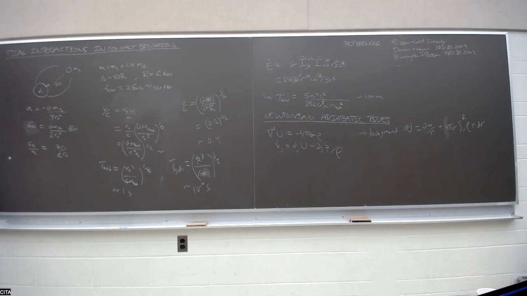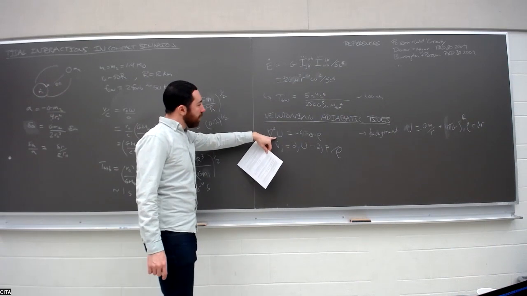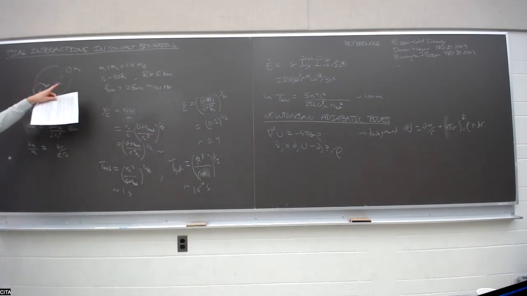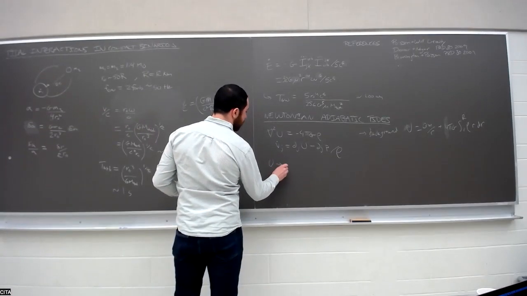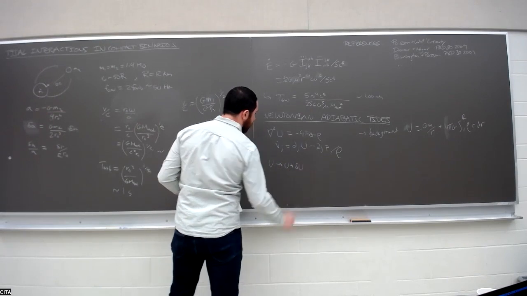Now we want to put in a perturbation to the gravitational potential that is sourced by the gravitational field of the companion. So we're going to take U to U plus delta U, okay?